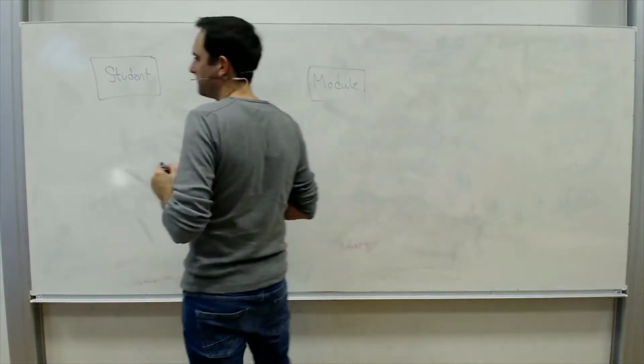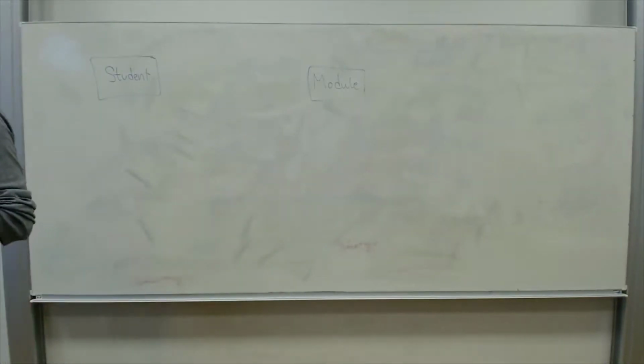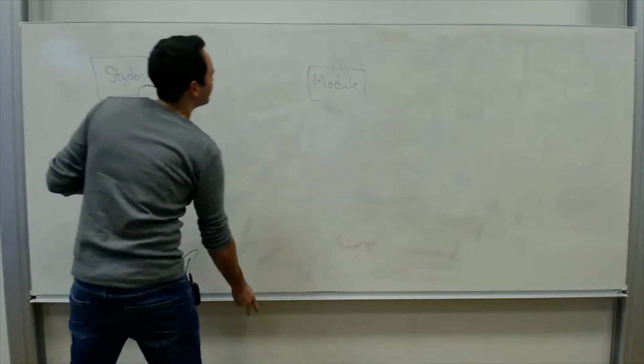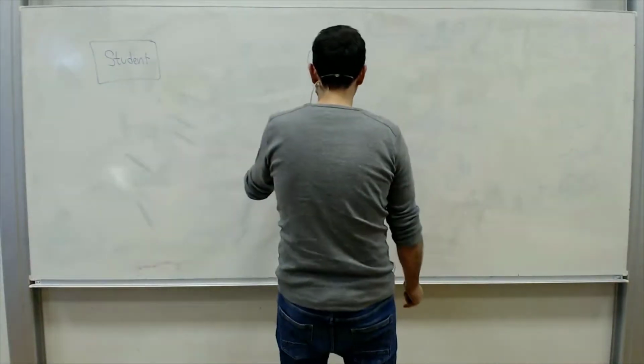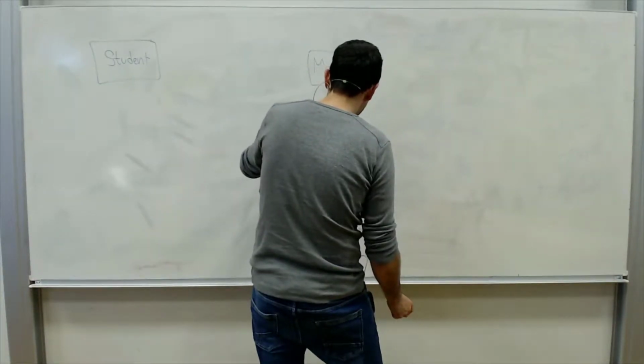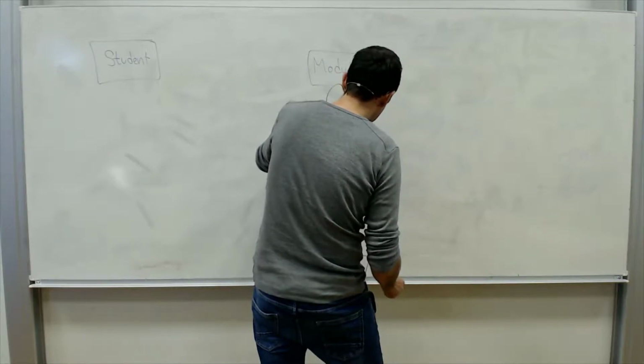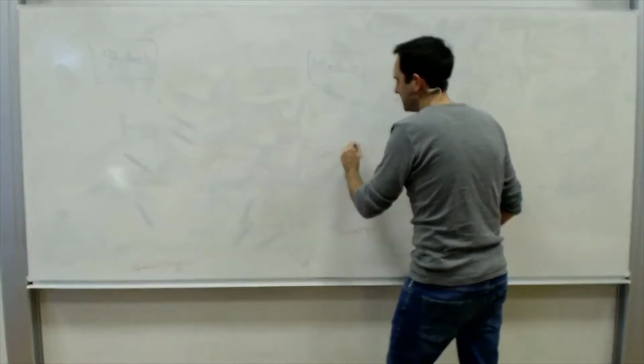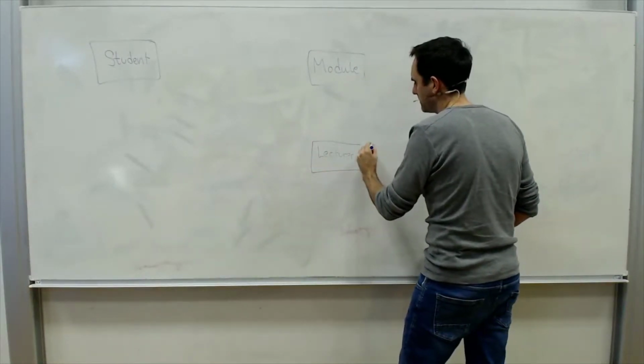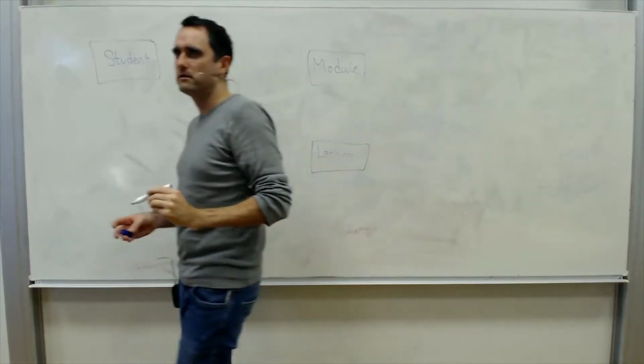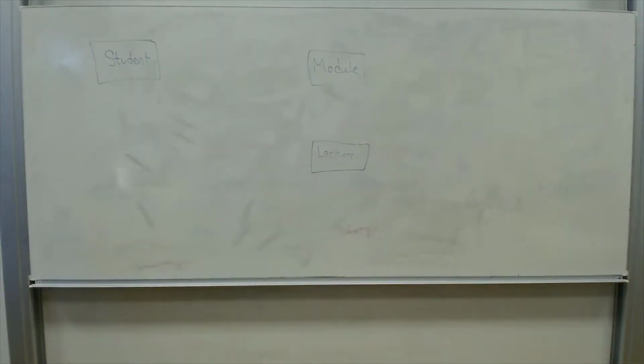And then there's a lecturer that should not be too far from the module. I'll put the lecturer down here. Okay, those are the entity types.